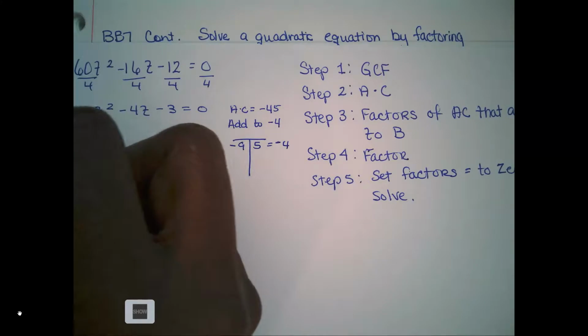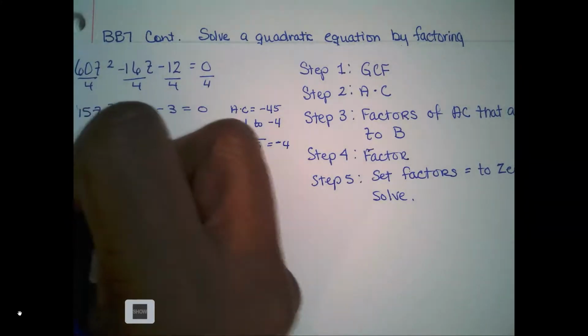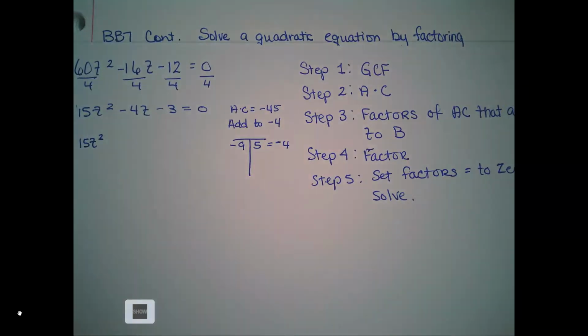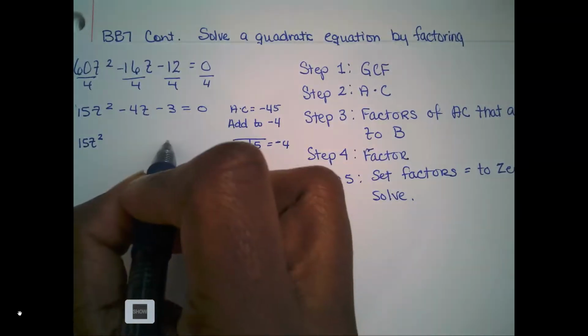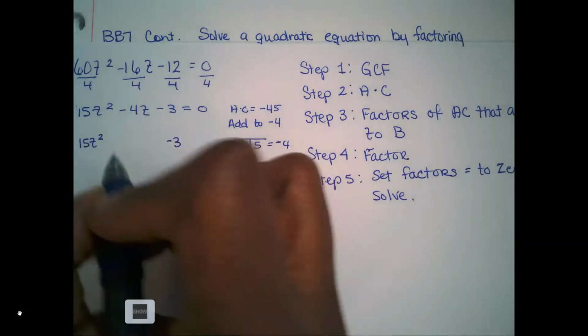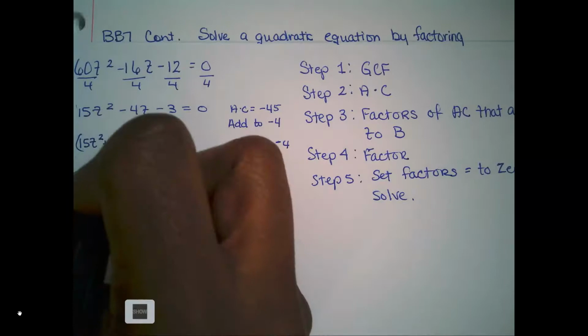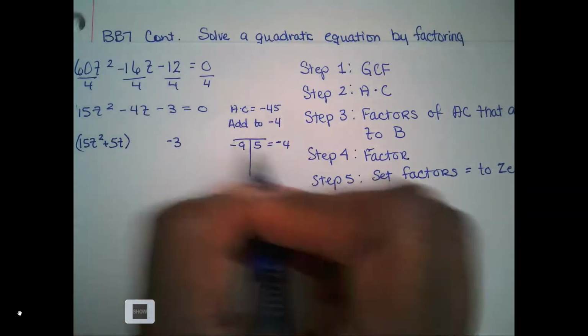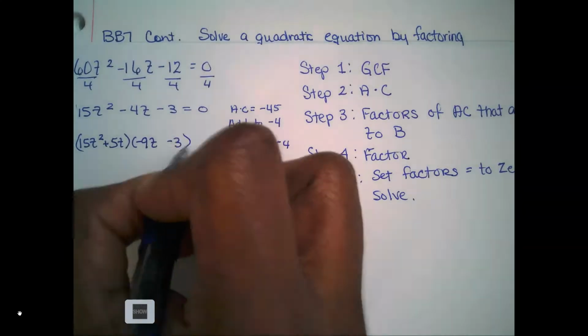Then I've got 15t squared, and I'm going to group 15t squared, and then write negative 3 here. I'm going to put the 5 with the 15 because I know those are factors of each other. That's 5t. And then I'm going to put negative 9t with the negative 3.